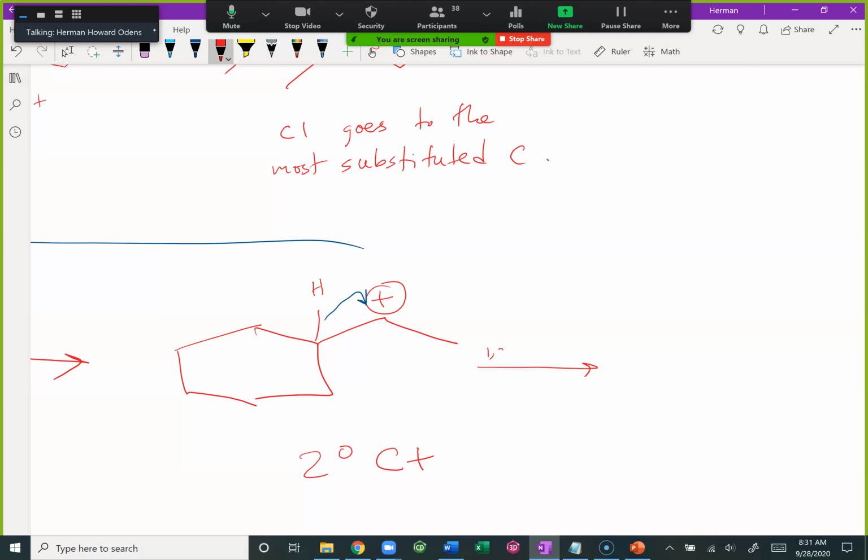This is a 1,2 hydride shift. Why is it a hydride? Check this out. You have 2 electrons on this bond. Both of them are going to jump.